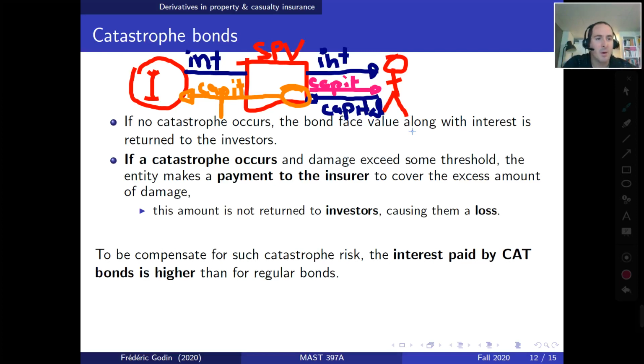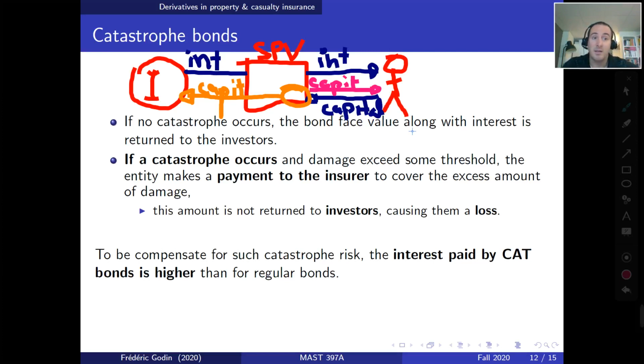Okay, so we see that for the investors, going into this type of deal is a way to absorb a portion of the insurer's risk and have potential compensation for it. Okay, so for the investor, if there is a catastrophic outcome, they lose money.